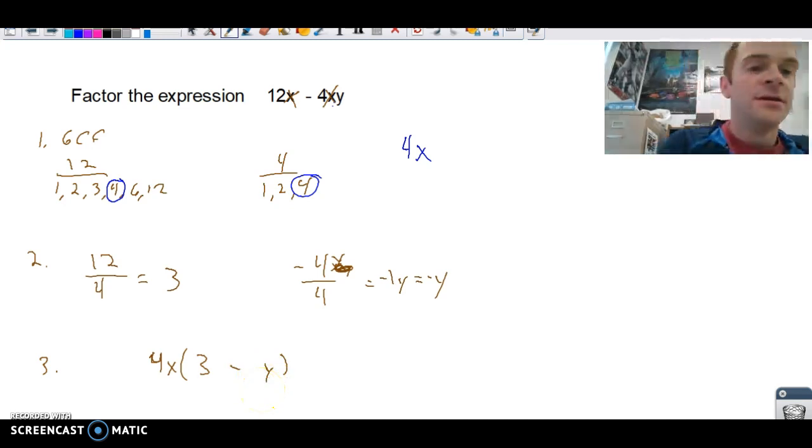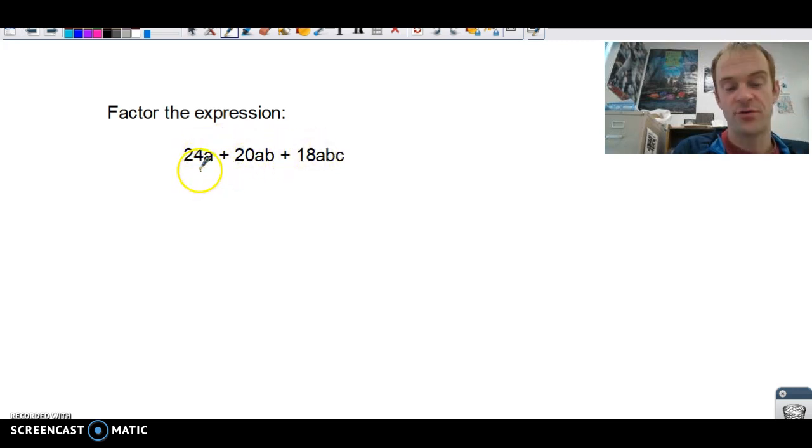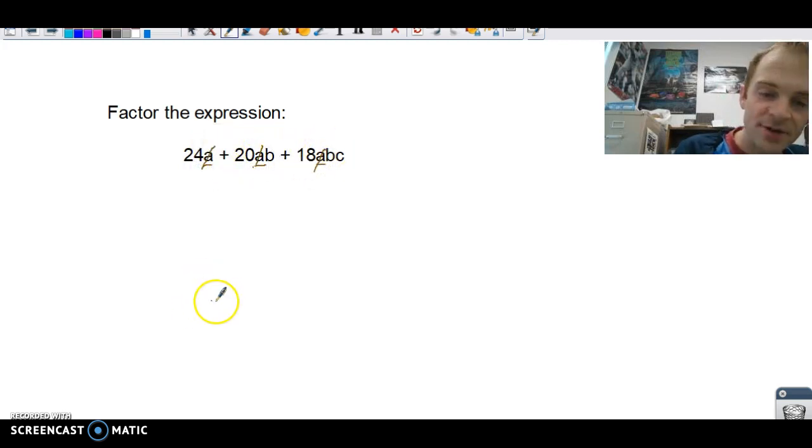Okay. So if we look at this other one here, I'm not going to go through this one completely, but check and see. What's the greatest common factor? Well, we could look, what's the biggest number that divides all of these? And that would be my greatest common factor. But also, since all of these have the letter A in them, I can also factor out the letter A. So at the end, I'm going to have a factored form.